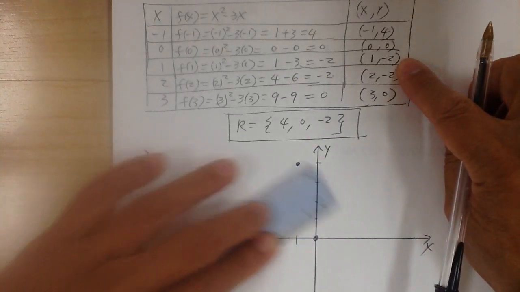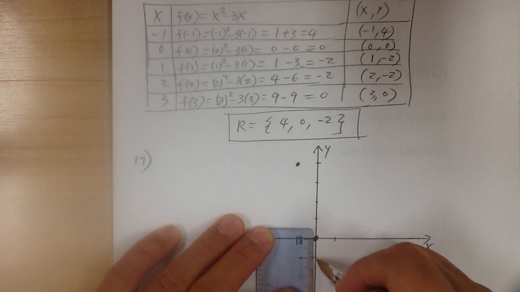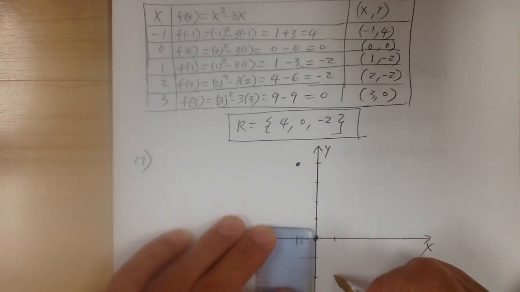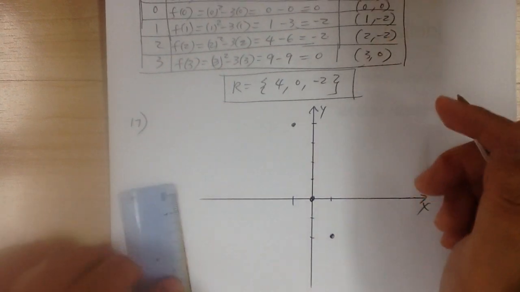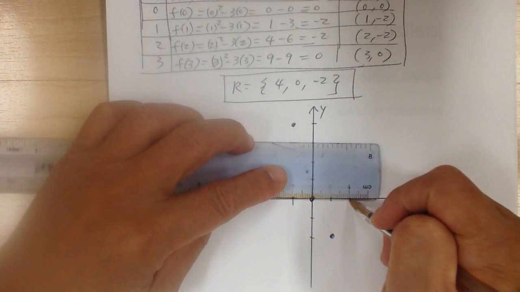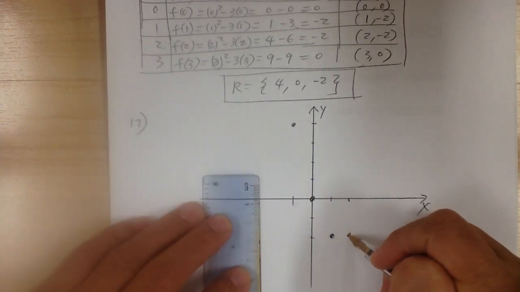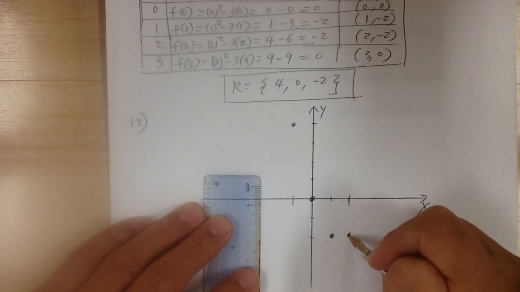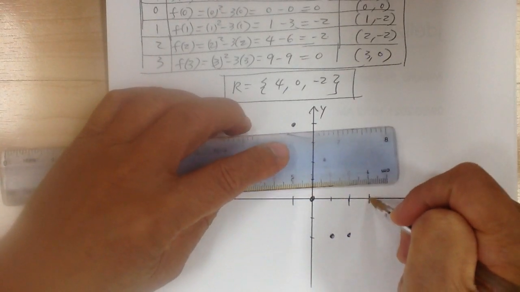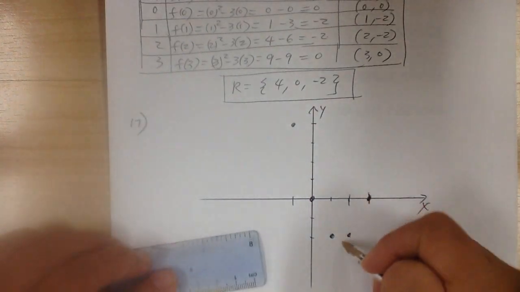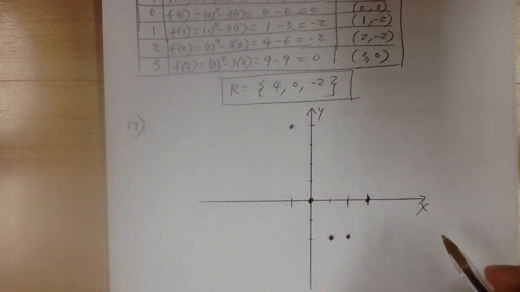And you have the 1, -2. Okay, so you got 1, negative 2 over here. Then you got 2, negative 2. Okay, so you got 2, negative 2 over here. Then you got 3, 0. Okay, so those are your points.